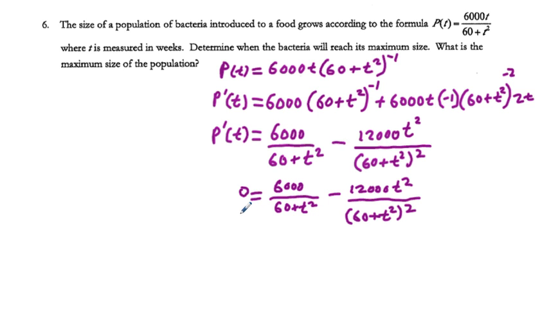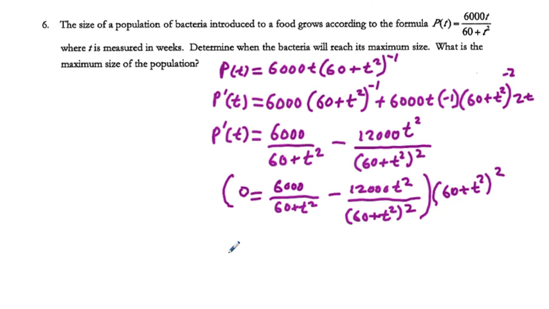All right, next we try to clear out the denominators by multiplying everything by our largest denominator, which is quantity 60 plus t squared, squared.